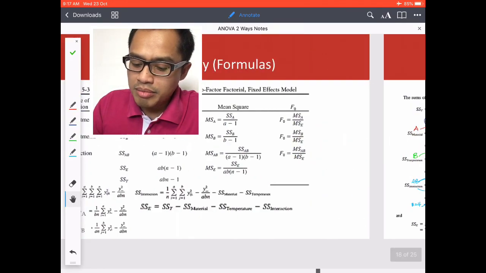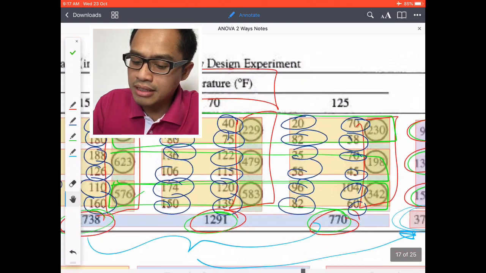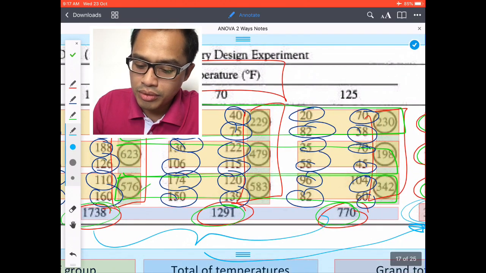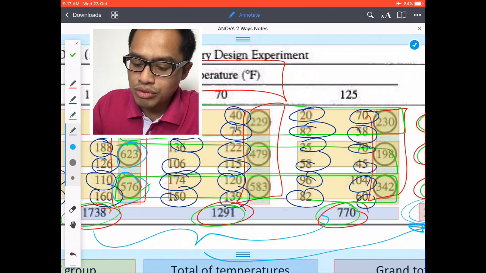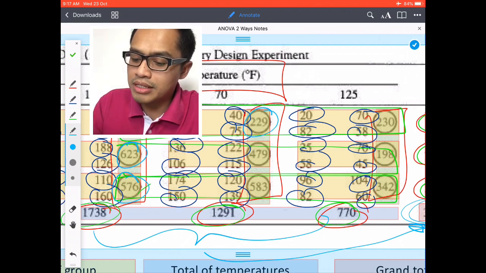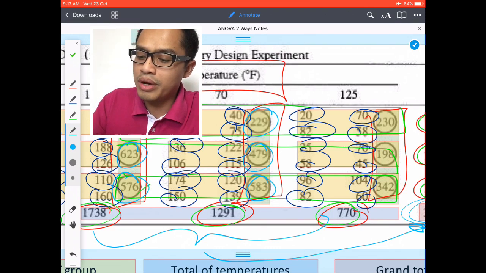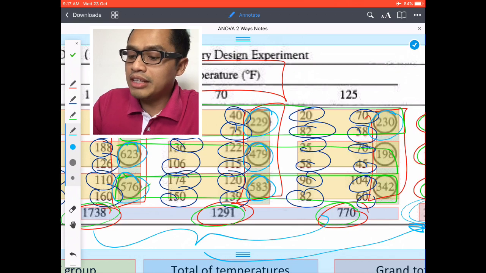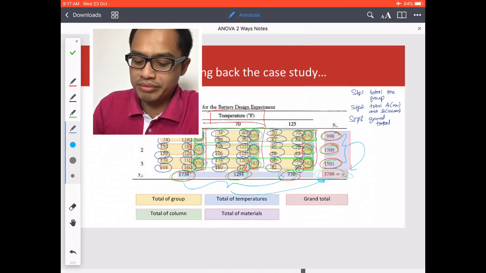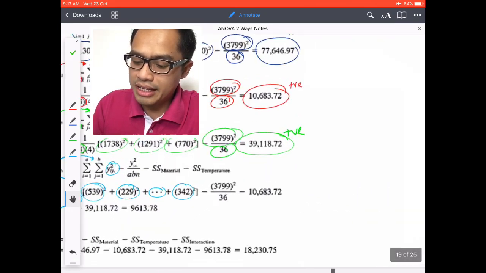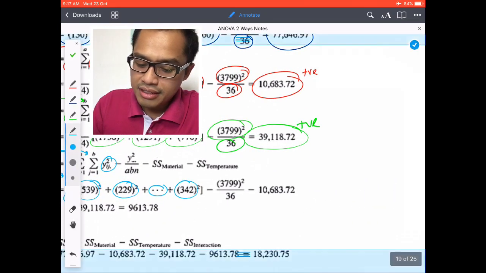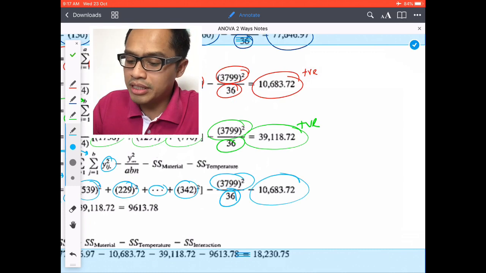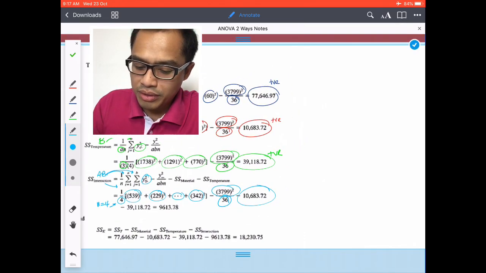Alright, where do I get these numbers from? Do you remember the circles? Yes, light blue. 539 squared, 623 squared, 576 squared, plus 229 squared, plus 479 squared, plus 583 squared, plus 230 squared, plus 1398 squared, plus 352 squared. And you will get minus the grand total and the sample number, and not that one.